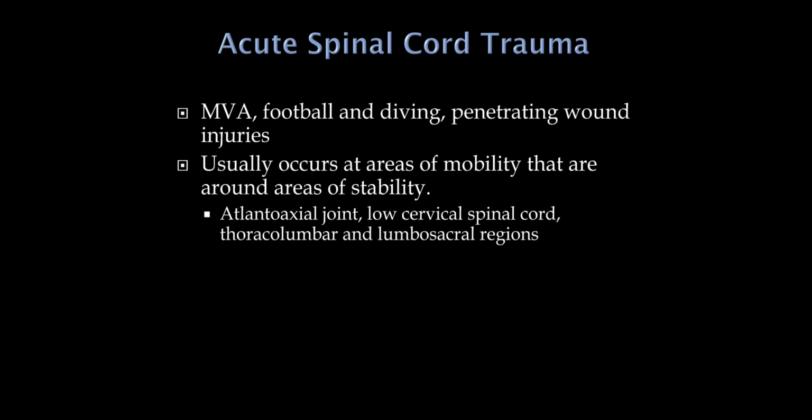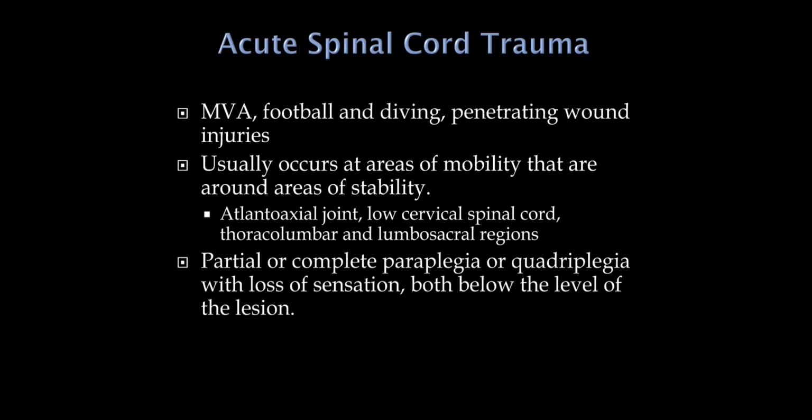If it's related to a car accident or a football injury or something like that, it's most likely to occur around areas of the spinal cord that are mobile around areas that are stable. And those areas are the atlantoaxial joint, the low cervical spinal cord, and then thoracolumbar junction and lumbosacral regions.